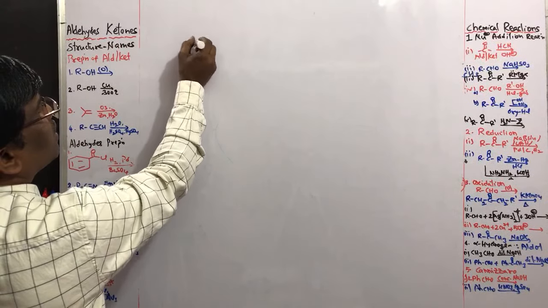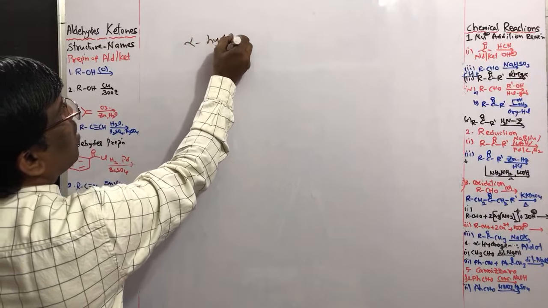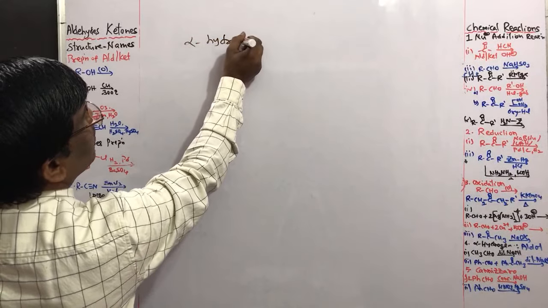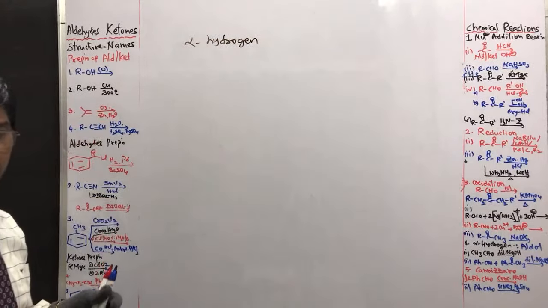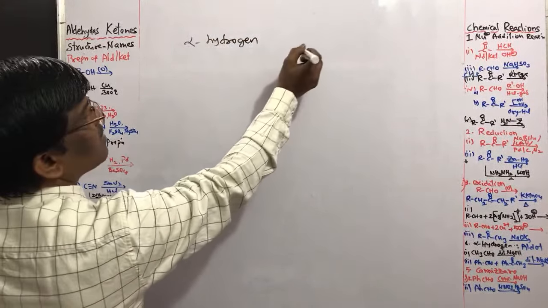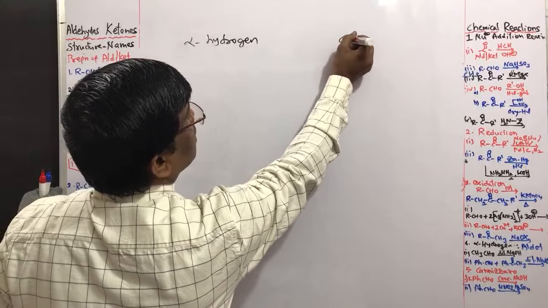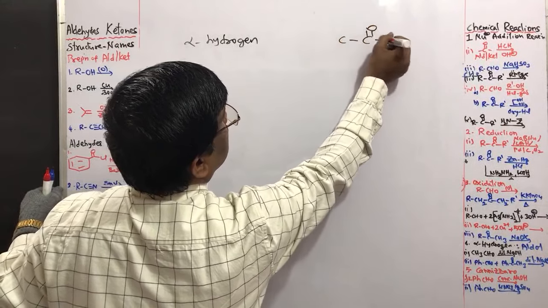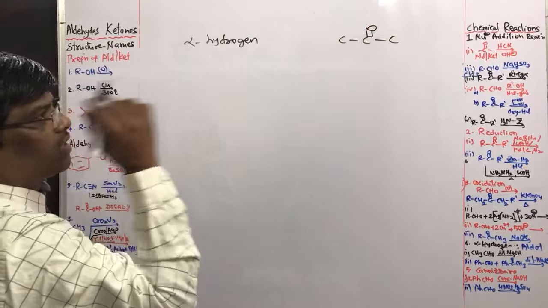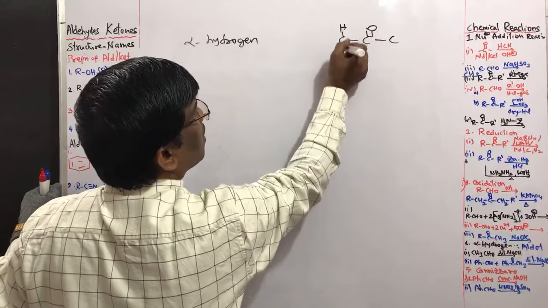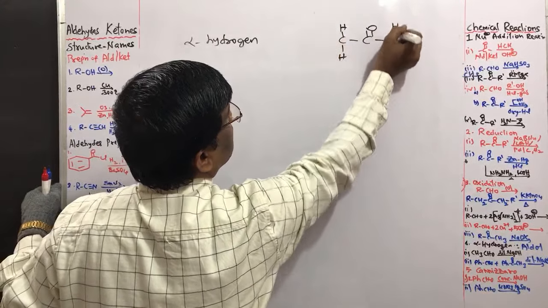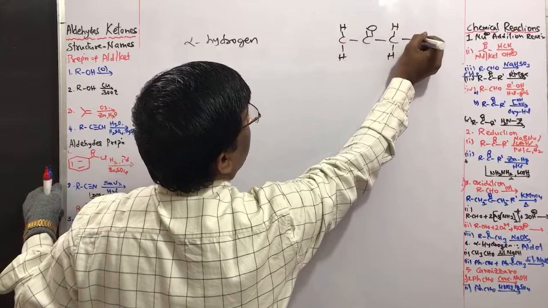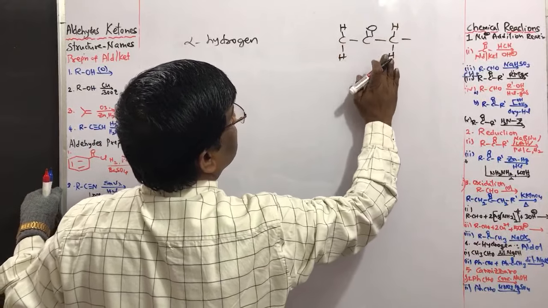So, alpha hydrogen containing compounds: the compounds are aldehydes which have alpha hydrogen. What is alpha hydrogen? If I take this, this is a compound having alpha hydrogen. It is a ketone having alpha hydrogen.